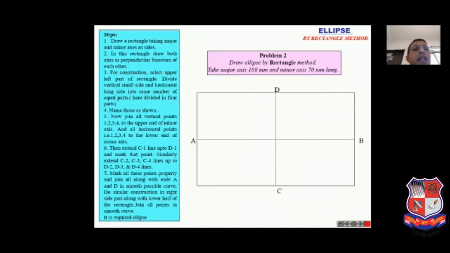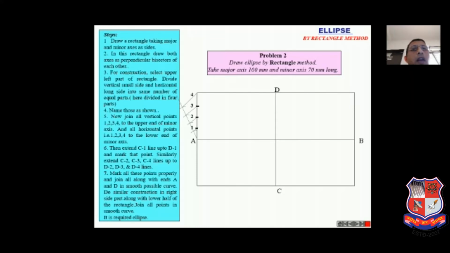For construction, select the upper left part of the rectangle. Then divide the vertical small side and the horizontal long side into the same number of equal parts. Here we divide it into 4 equal parts. Now name those as shown.